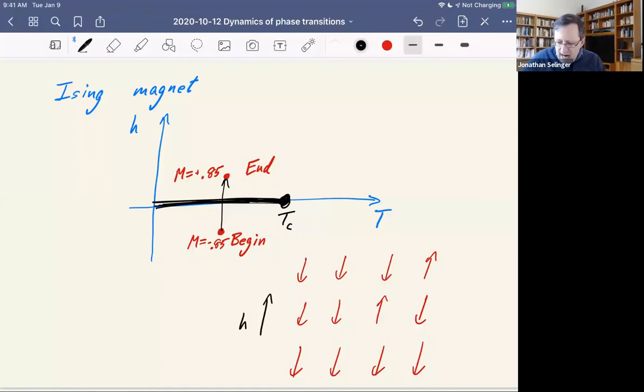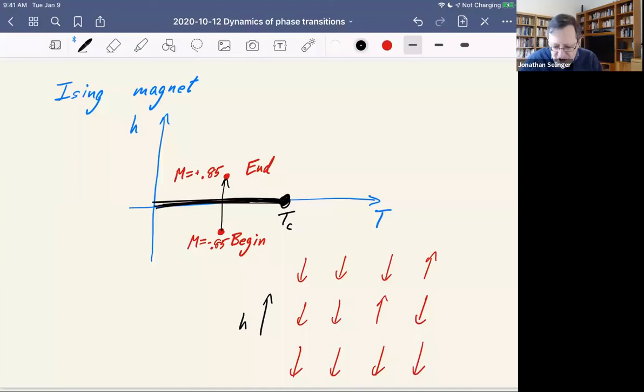But what happens then as a function of time? Okay, that's the question, right? We know what should happen eventually, right? Eventually, we should get to a state where the spins are mostly pointing up, with just a few of them pointing down. But how do you get there, right?